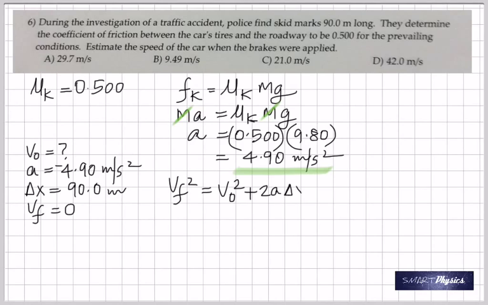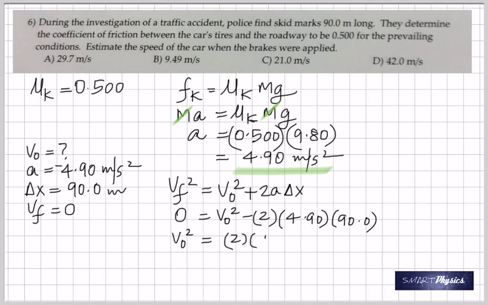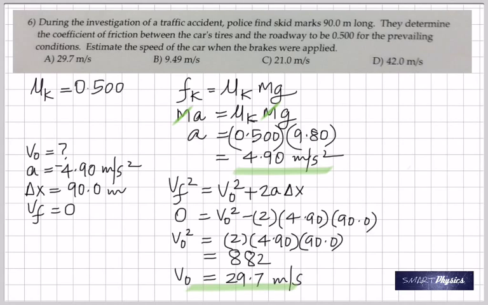So that's the kinematic equation that you have to use. The displacement is 90 meters. So plug that in, rearrange and calculate. Remember that you've got to take the square root of this number and you would get 29.7 meter per second.